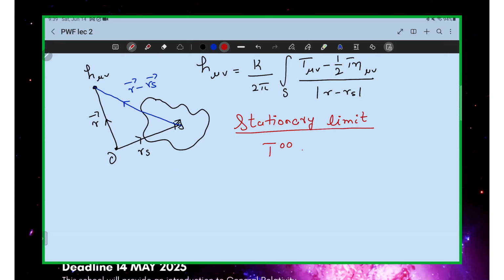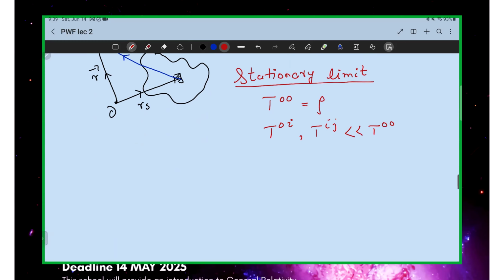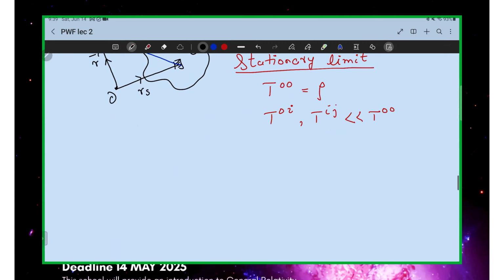So it has some energy density, but energy fluxes and the other space components are much, much smaller than T naught naught, which means that you can just ignore them, right? Okay. If you use this particular limit, what do you get for T? Now, T, if you remember, is just this, right? Or yeah, I think you can write it down like that.